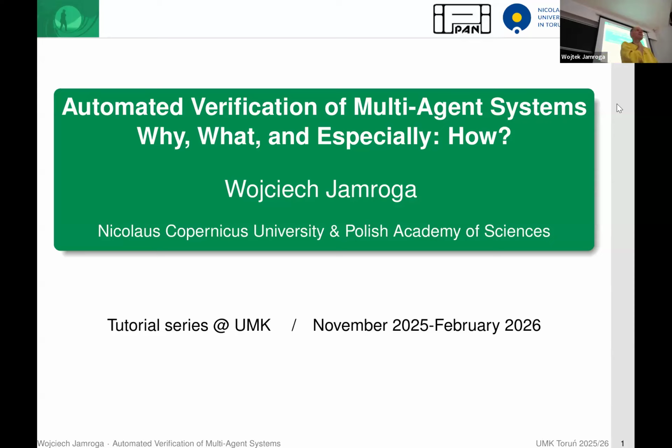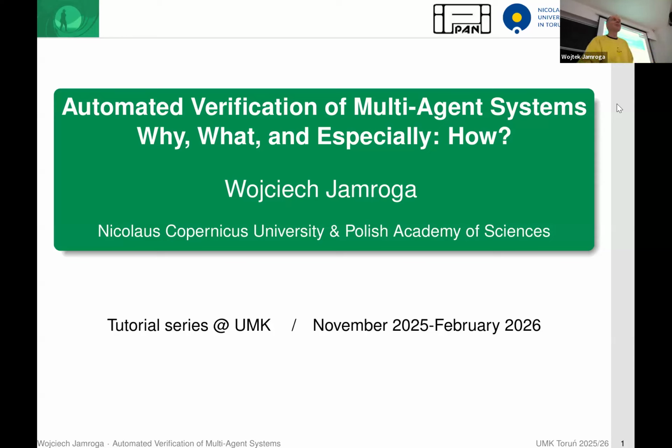So the idea is that we want to talk about multi-agent systems in a meaningful and precise way, and possibly use it to provide methodology for specification and verification of some interesting properties.